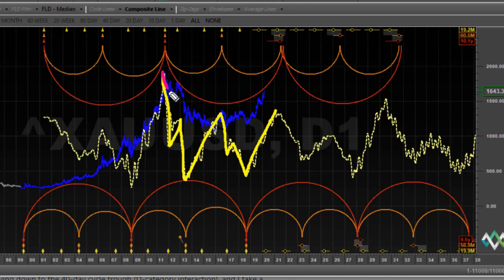So price moved down, moved back up, moved down, and then it's sort of flatlined. I hope you can see those first three legs, down, up, down, are actually matching that composite model line fairly closely in terms of structure. When the composite model line is moving down, price is moving down. When the CML is moving up, the price is moving up.